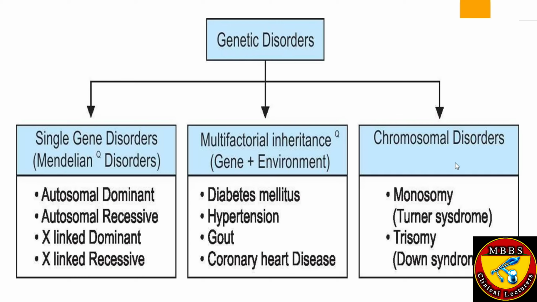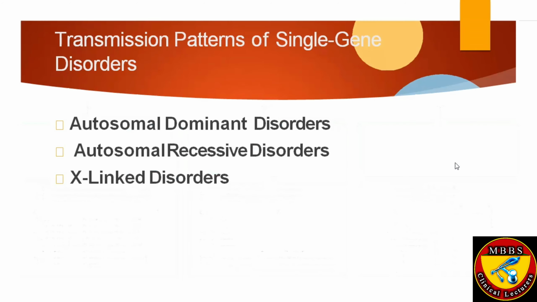When the environmental factor comes in, that comes under the heading of multifactorial, in which there is involvement of the gene along with the environment, such as diabetes mellitus, hypertension, gout, coronary heart disease. When we simply talk about any deletion or addition in the chromosome, that is monosomy or trisomy.